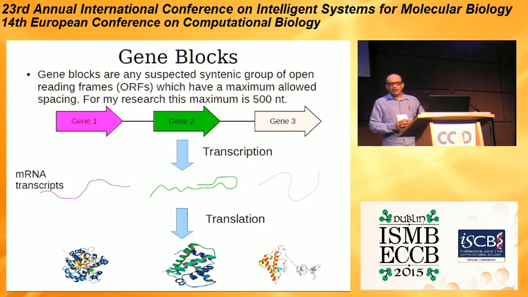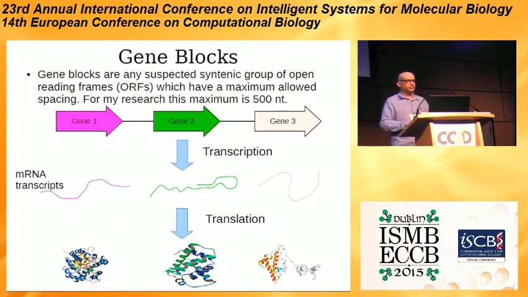Operons are a slightly more specific case of gene blocks. Gene blocks are any suspected syntenic group of open reading frames which have a maximum allowed spacing. We worked with 500 nucleotides, but this is pretty robust. As you see from our work, we find this phenomenon with anything between 0 through 500 through 700.